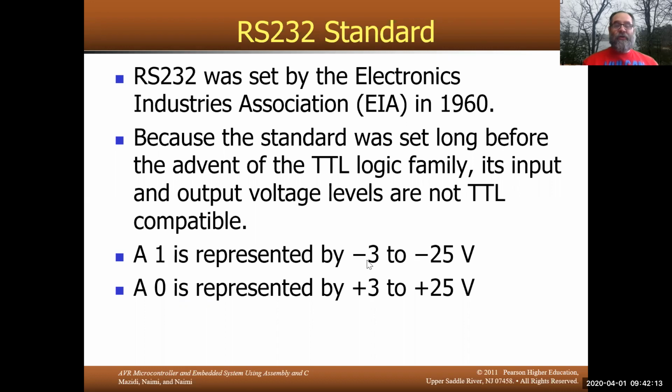In RS-232, it's -3 to -25. 0 is represented by +3 to +25. That was a convention created long before TTL logic was created. If you put negative voltage directly into your 328, even as little as -0.5 volt, you have probably just toasted it. So you do not want to connect RS-232 levels directly to TTL.